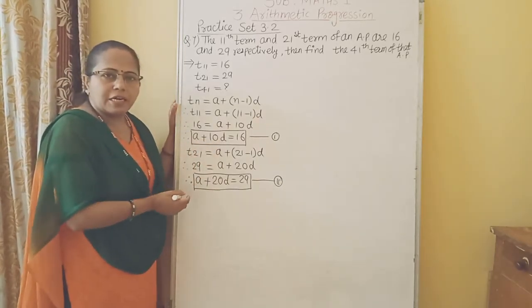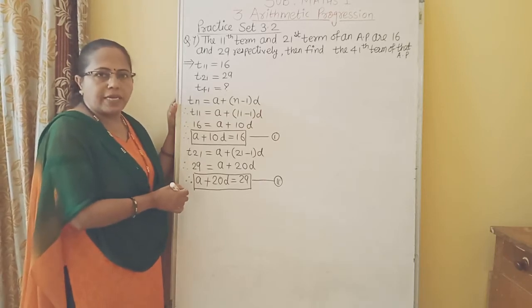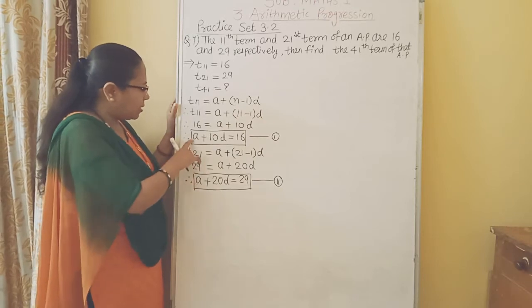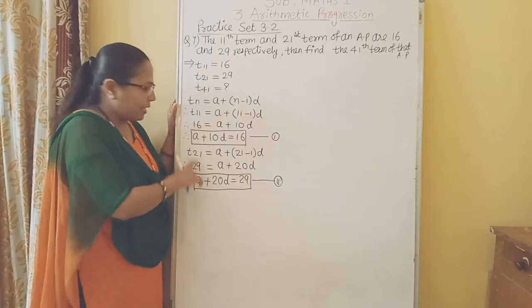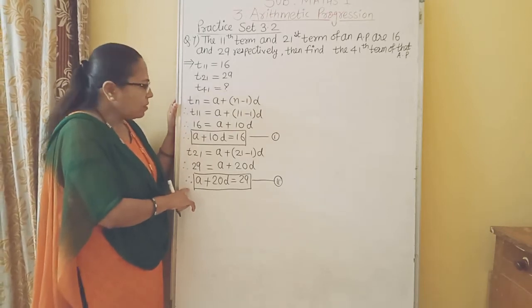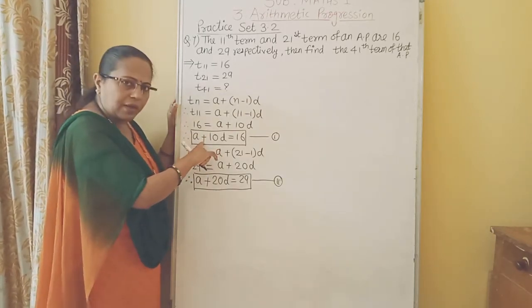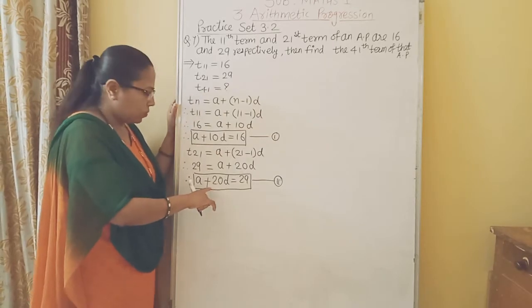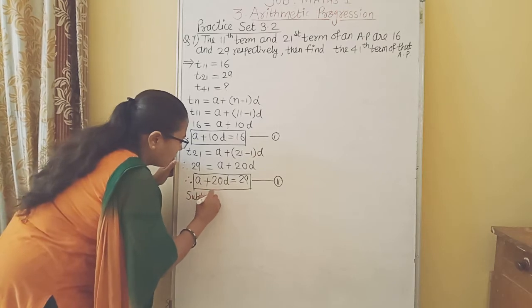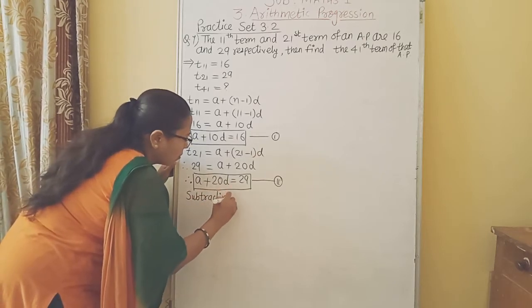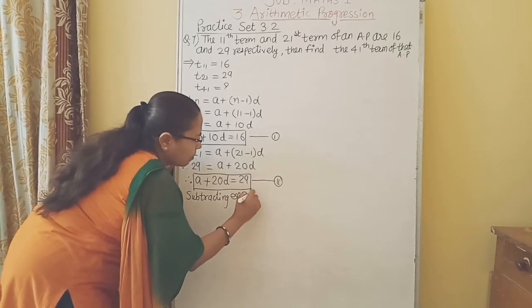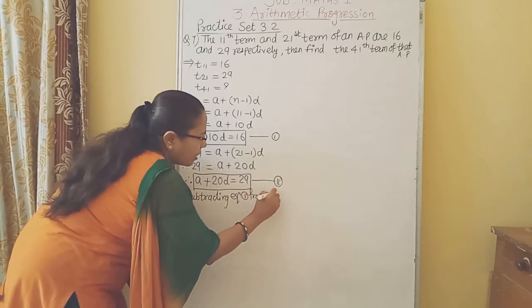We already studied how to solve linear equations in two variables. Here you can see that the coefficient of variable A is equal and it has a plus sign, so we will do subtraction. We will subtract equation 1 from equation 2.